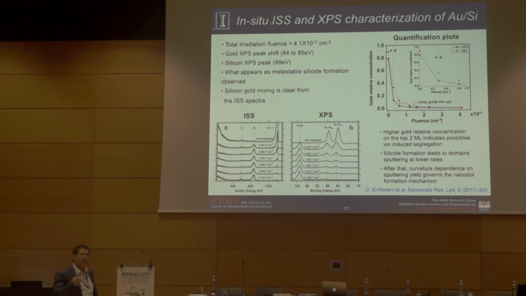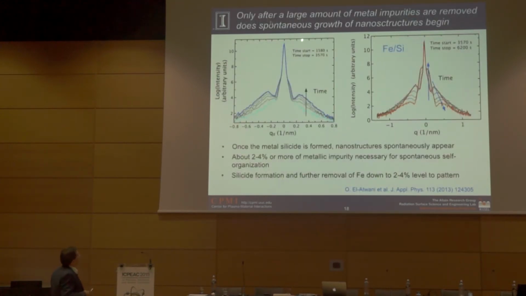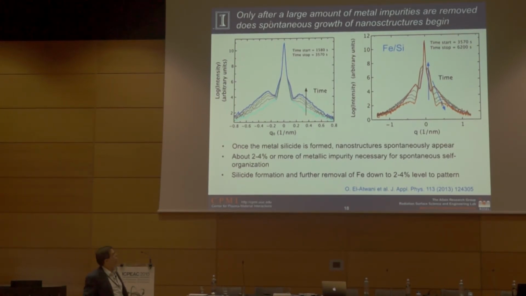Any higher amount of metal, in fact, just leads to ion-induced mixing at the surface. It is that 1 to 3 atomic percent metal composition that turns the instability around so that you can induce the pattern. We found this, for example, with all types of different films that were used on silicon.